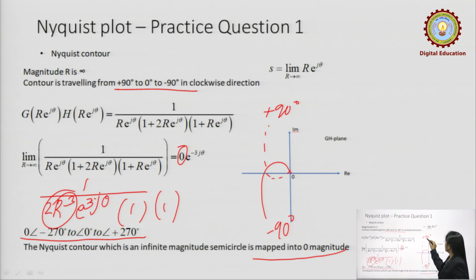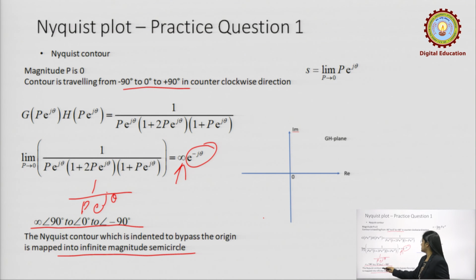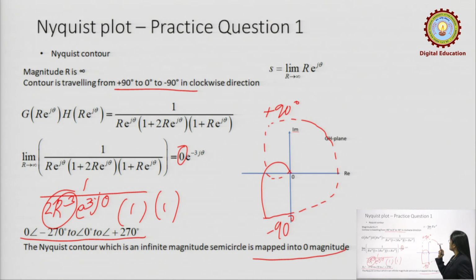So, it is mapped in this direction, travelling like this in the inverse polar plot, and the circle completes like this. We can see that this point was 0.66, that means minus 1 plus j 0 is not encircled by the contour in the GH plane.